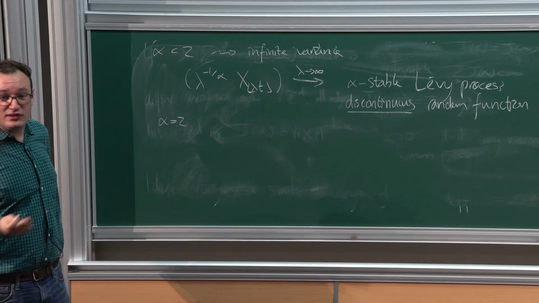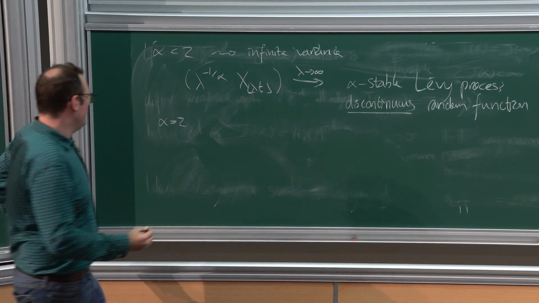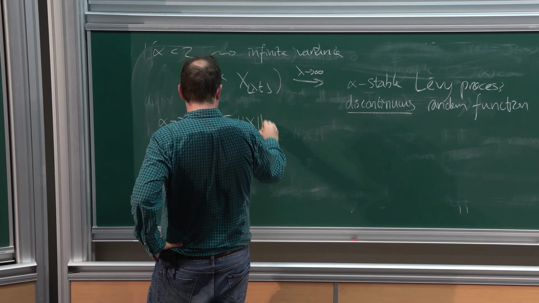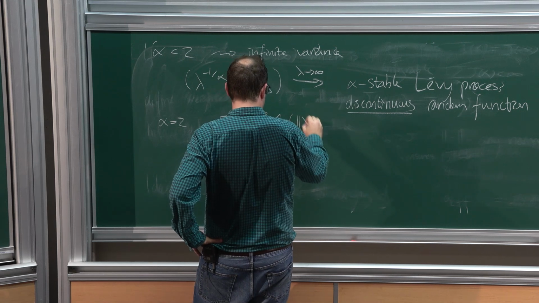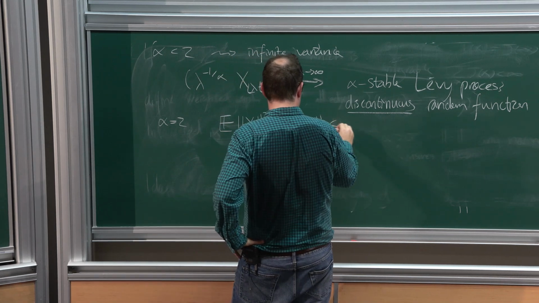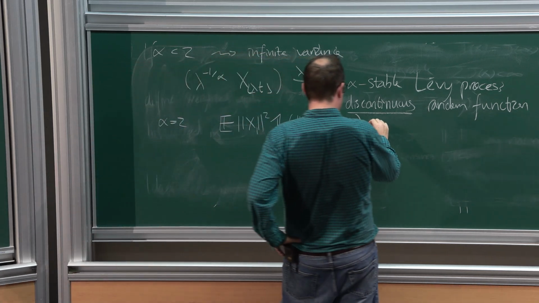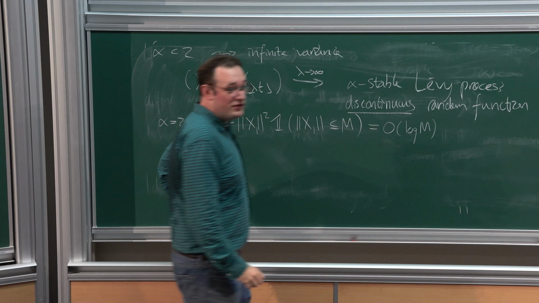And in this case, we do still have infinite variance, but only in a very weak way, in that if I look at the second moments, but I introduce some truncation, then it's order log of the truncation scale.